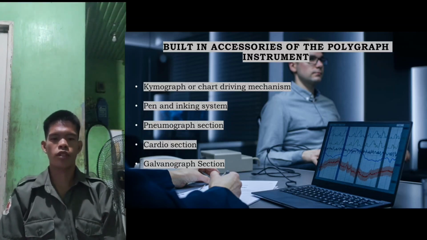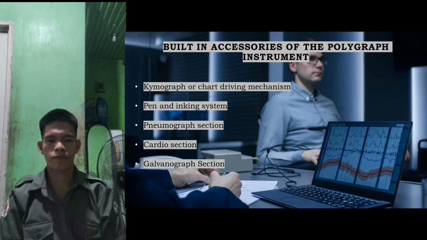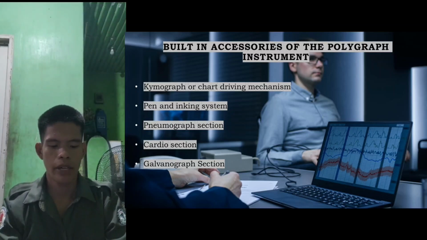So, how does a chemograph work? A chemograph consists of a revolving drum wrapped with paper na kung saan ginuguhit nito ang isang stylus para i-record ang mga nasusukat na mga pangyayari katulad ng motion or pressure. Number 2, pen and inking system.